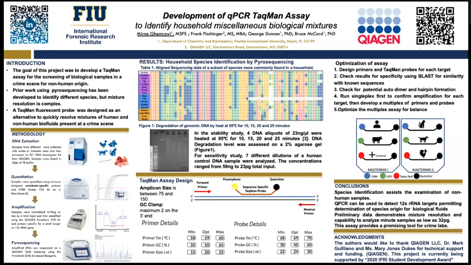In this case, our target is on the mitochondria. If you're familiar a little bit with the mitochondria, we decided to use this target because the literature has proved its usefulness in species identification, but also because the number of mitochondria in a cell is much higher than nuclear DNA.